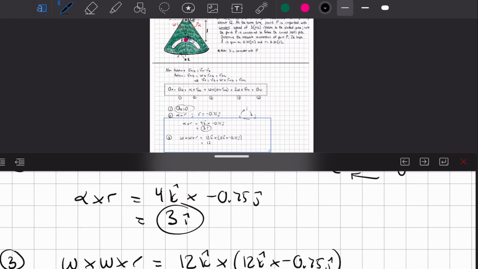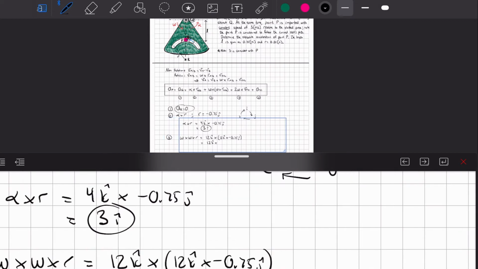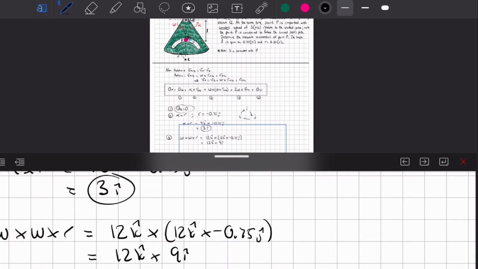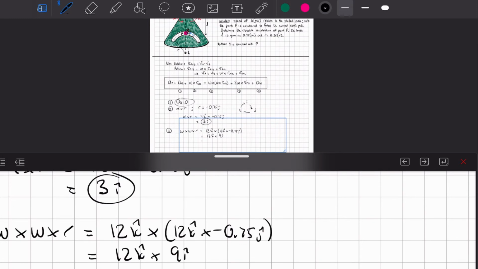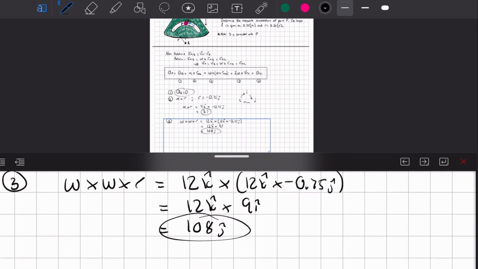So we'll have 12 k hat cross 9 i hat, for the same reason as we had above. And then k cross i is going to be positive j, and we have positive scalars in the front. So that's going to be 108 j hat. Okay?